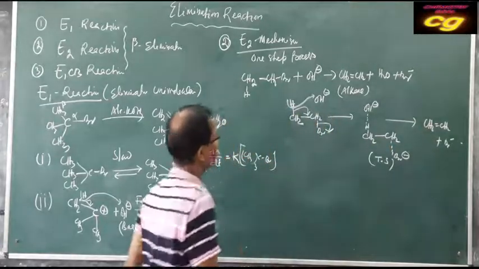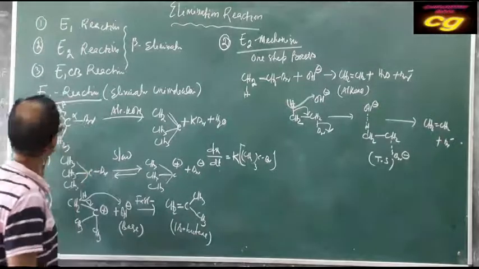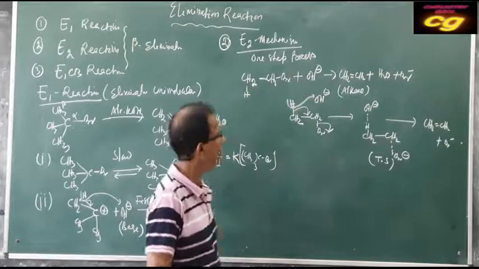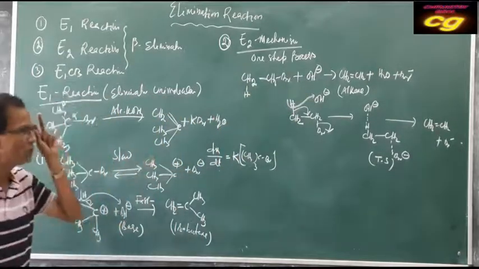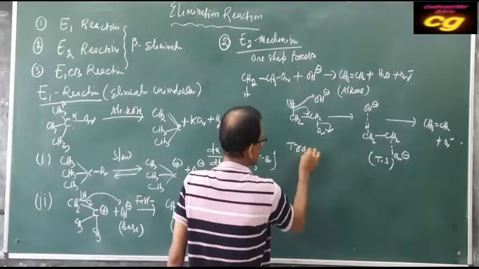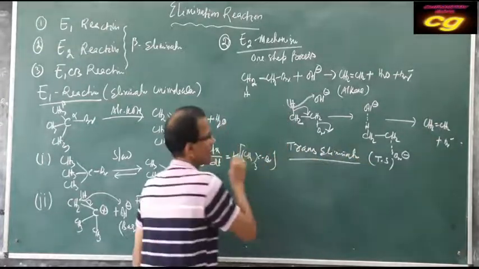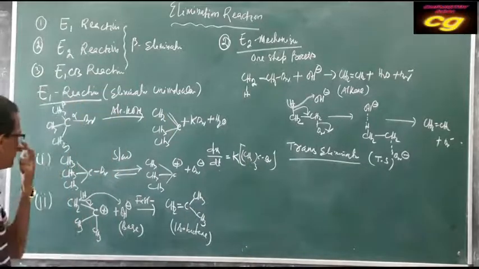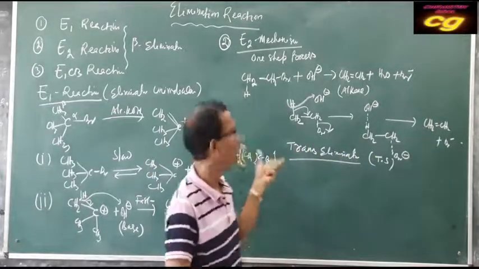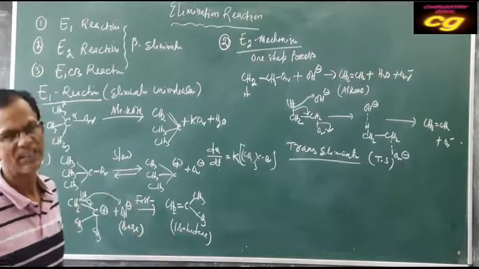But here one thing: either E1 or E2, the elimination always takes place as trans elimination. We always prefer trans elimination. Why? Because trans elimination favors attack of the base on the beta hydrogen and the loss of the group takes place easily.